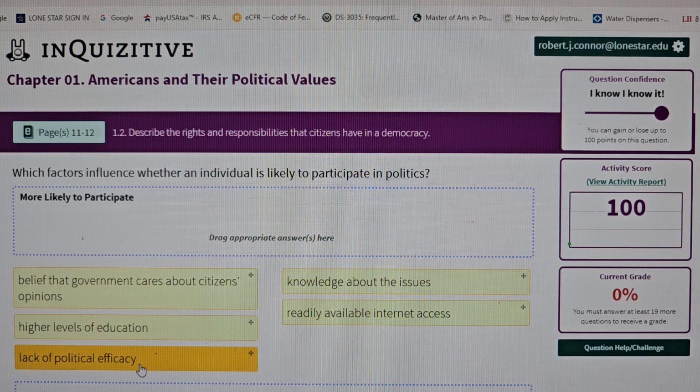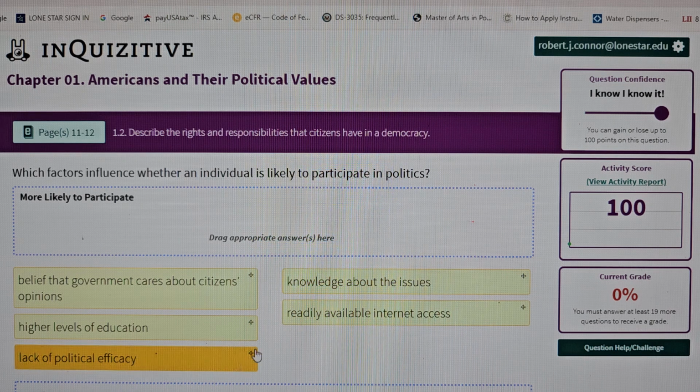Now, political efficacy is just a term that means, do you think that the government is actually listening to you and that your elected officials are listening to you? If you think they are, then you feel like there's a high degree of efficacy. If you think that the government doesn't care about you, that they're not listening to you, then that would be a low degree of efficacy.